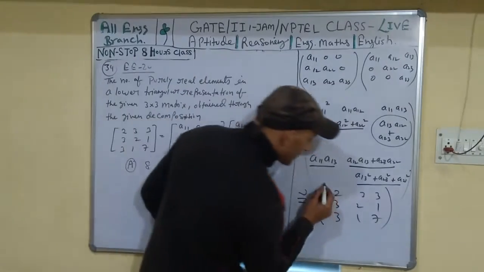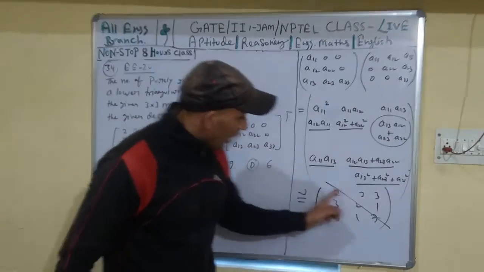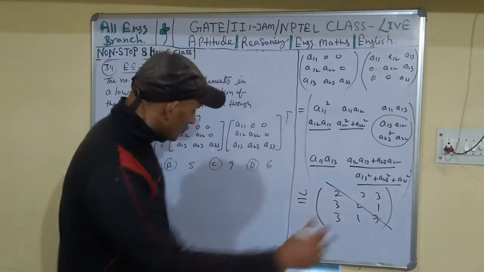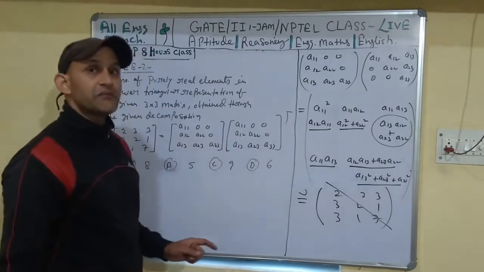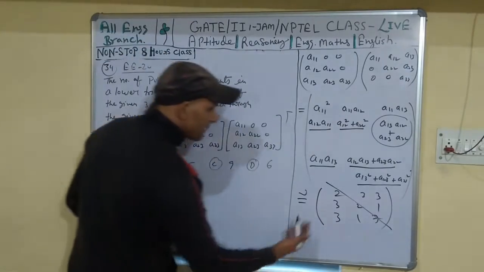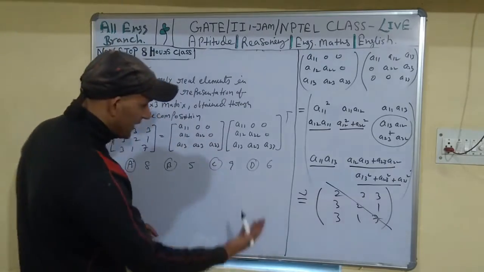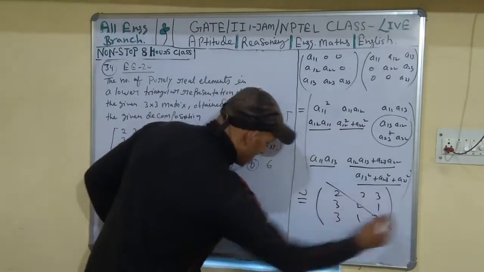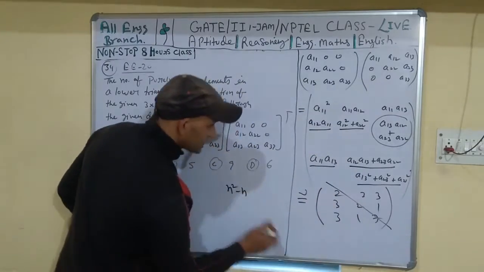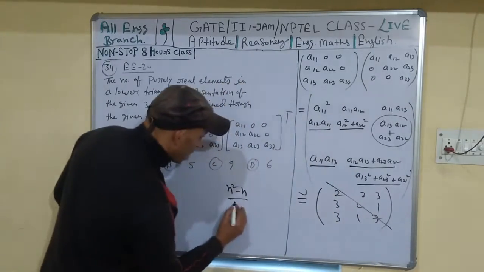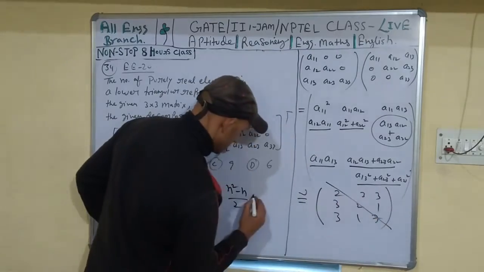You can also take it from here. This is the symmetric matrix. So for the symmetric matrix, consider the total number of elements, maximum number of elements and minimum number of elements. Minimum is 0 and the maximum number of elements is equal to (n square minus n) upon 2 plus n.